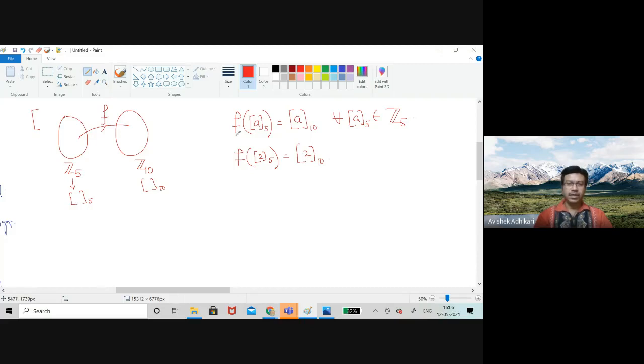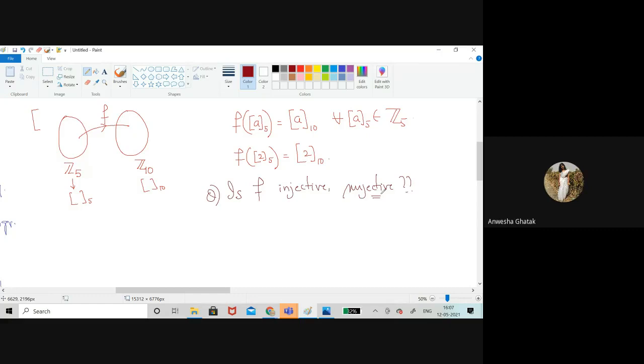Now question: is f injective, surjective? What will be your answer? First, let us check whether f is surjective or not. Is f surjective? What do you think? No, sir. Why not?